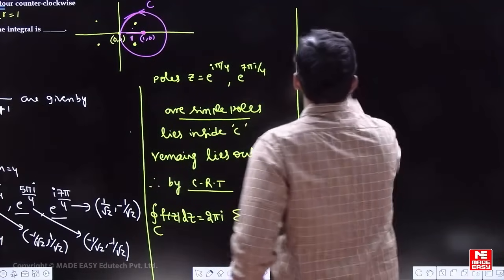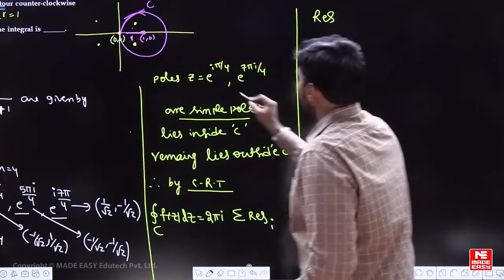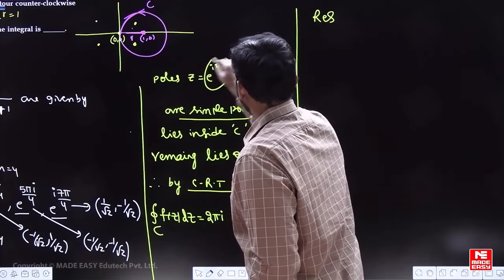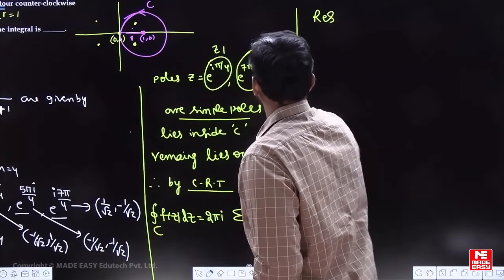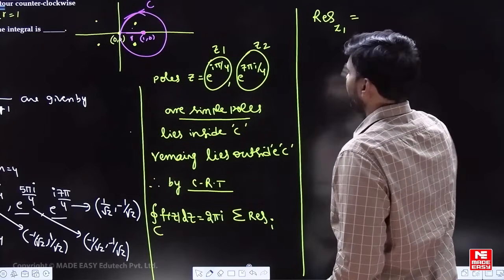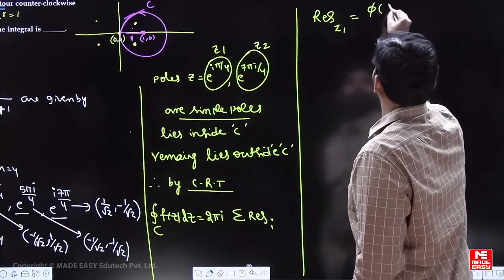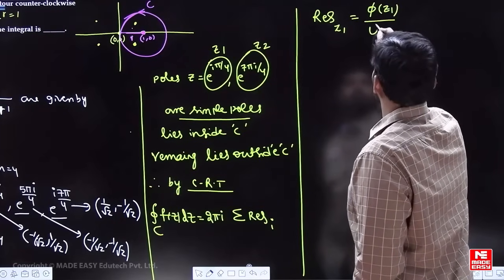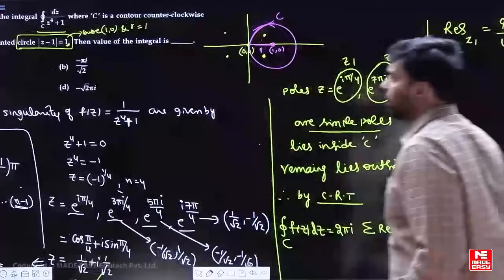The residue at the simple pole, let me write this is of Z1 and this is of Z2. The residue at Z1 is given by phi of Z1 by psi dash of Z1.